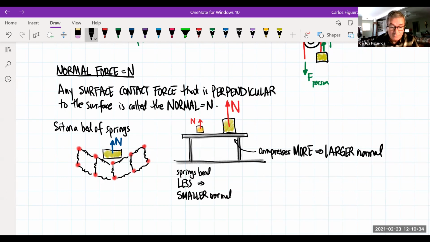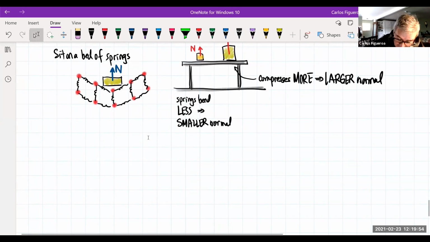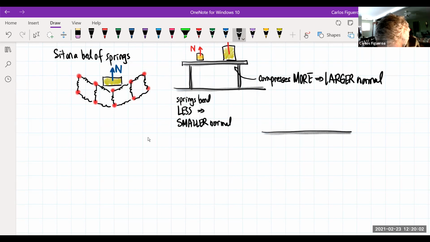To stress this idea of the normal force, we can also imagine what happens if you push on it with a finger. The scenario I want to draw to re-stress this idea is that you have a surface. Here's my surface. And I'm going to put two blocks, and then I have the exact same block right here.